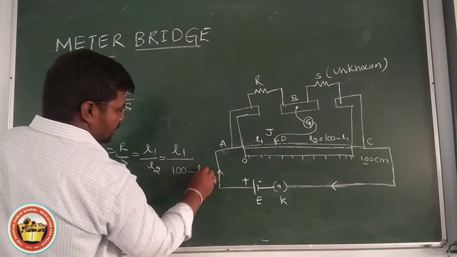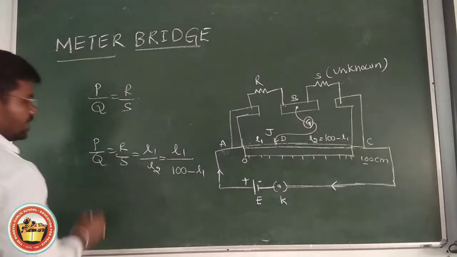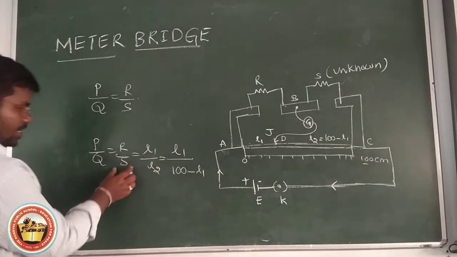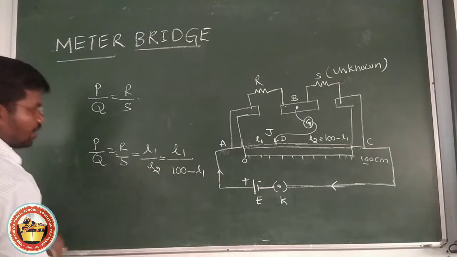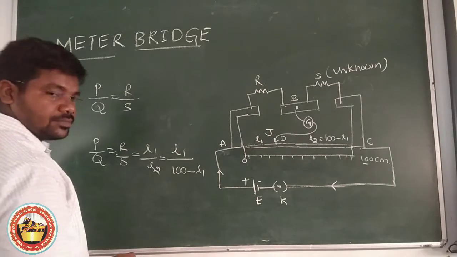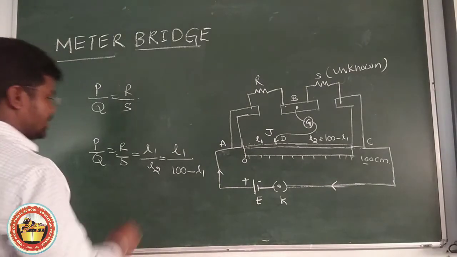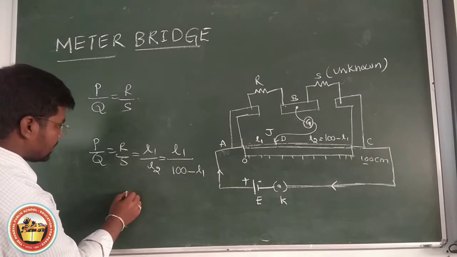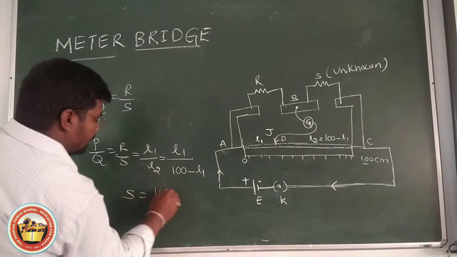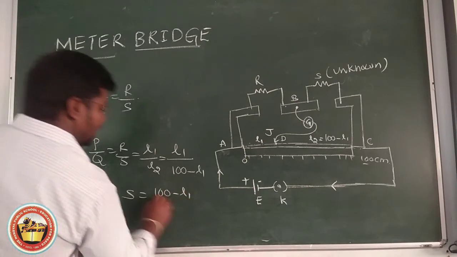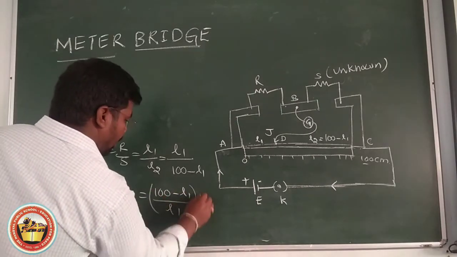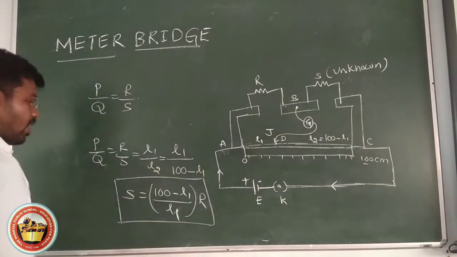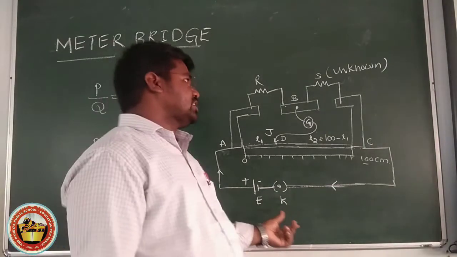The unknown resistance is S. Rearranging, S is equal to (100 minus L1) divided by L1, into R. Using this formula, we find the unknown resistance.